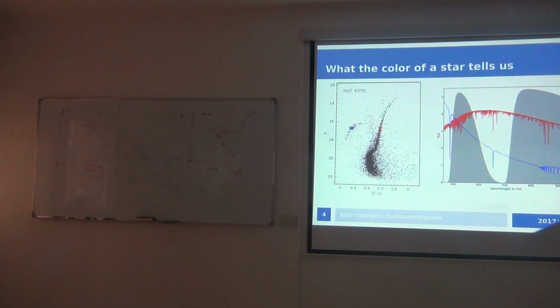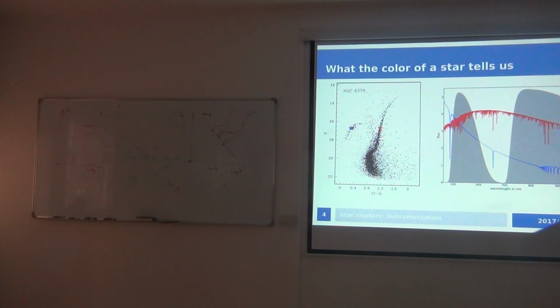The blue one? Exactly, so it's already indicated by the colors. The blue star is hot, with a lot of flux in the blue part at short wavelengths. The red star is cold, so it has more flux than the blue star in the red filter. So this is the I-band filter curve and this is the V-band filter curve.